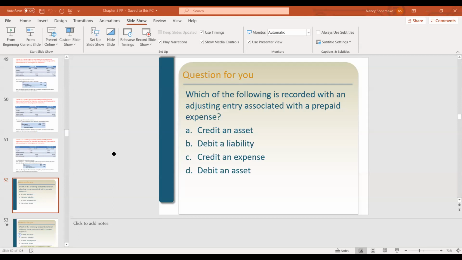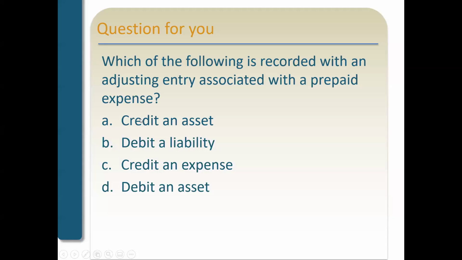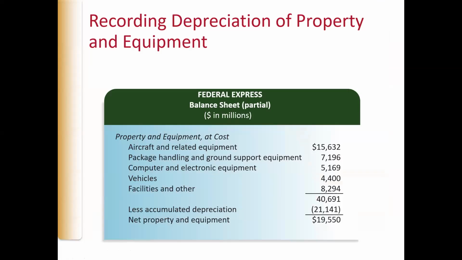We debited an expense and we credited the asset to reduce that asset. Does that make sense? So adjusting journal entries involving prepaid expenses, which is an asset, means we would end up crediting that asset.